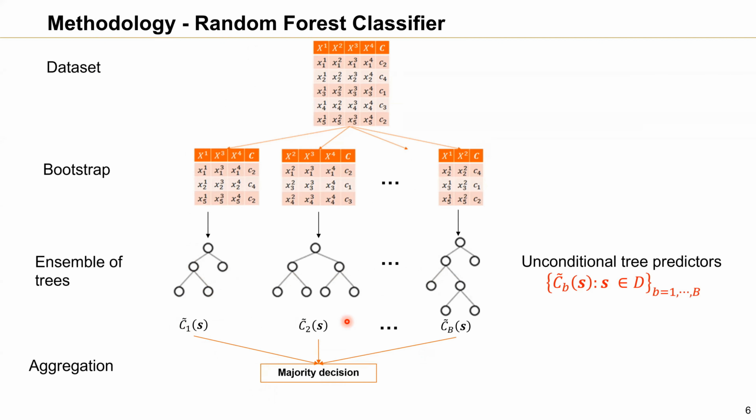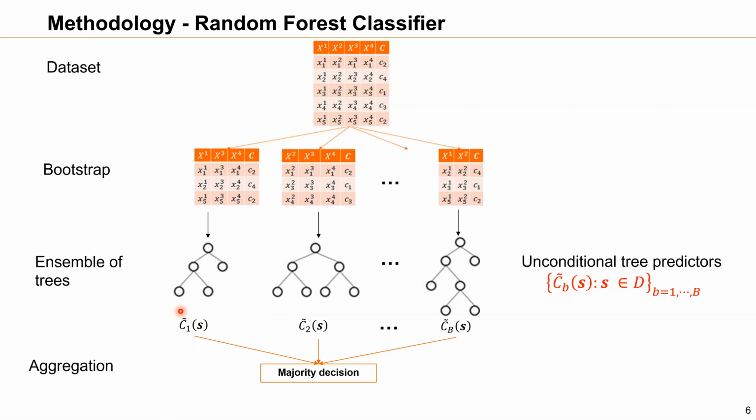So the starting point of our proposed approach is to consider this ensemble of decision trees. B here is the number of decision trees, and each decision tree here, we will call a tree predictor.